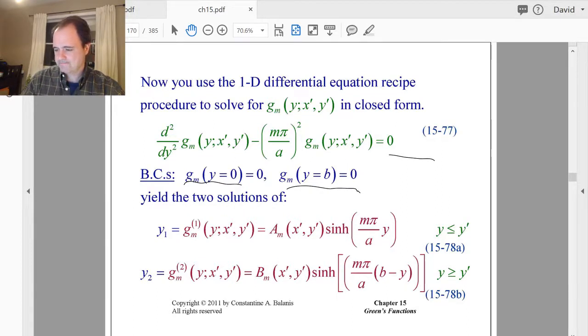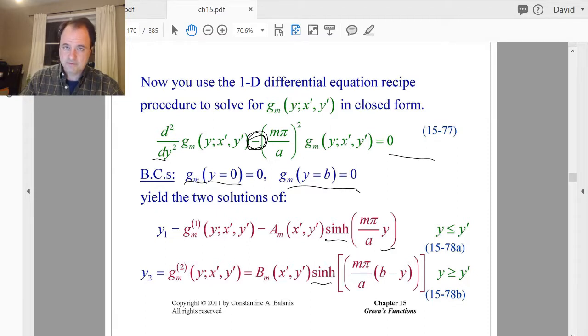All right. Well, okay, so you have a minus here instead of a plus, so that's important. And what that means, this is just a second order differential equation of a very simple form, but you have the minus there, and so instead of sines, you're going to have hyperbolic sines and hyperbolic cosines. Okay, but only the hyperbolic sine satisfies the boundary condition at y equal to 0.